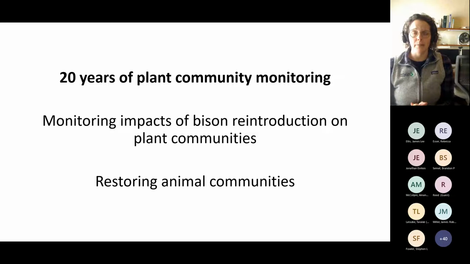The second will look at the impacts of the bison reintroduction on plant communities within the first 5 years of that reintroduction. And then lastly, as my colleagues who work with wildlife like to remind me, prairies are more than just plants. We'll focus on some research coming out of Nachusa, looking at animal communities and how they respond to prairie reconstruction and restoration.